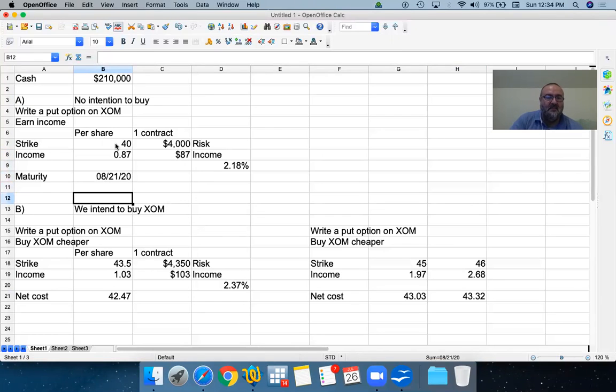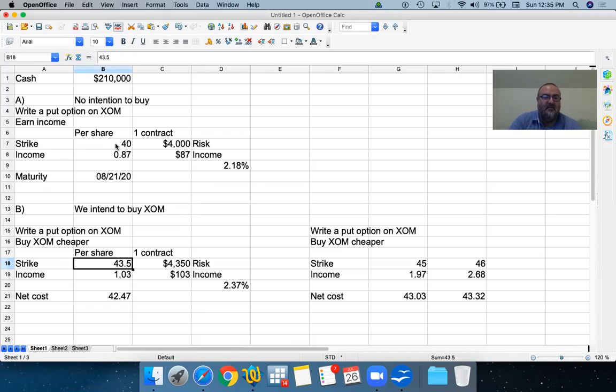Now, your second possible intention is that you want to buy Exxon, in which case you write a put option on Exxon. What you're doing is pretty much the same, except the strike price decision is affected by your intention. So if your intention is to buy Exxon, then you simply write a put option, and you try to buy the Exxon cheaper. And then you write your strike price at a level that you feel that will take place.